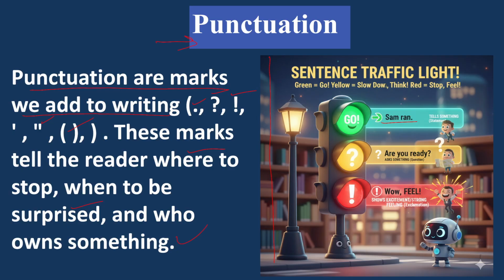A sentence in which something is asked is called a question, and we have to put a question mark at the end of that sentence. And an exclamation mark is used to express feelings. So this traffic light is clearly telling us about the purpose, usage and function of punctuation marks.